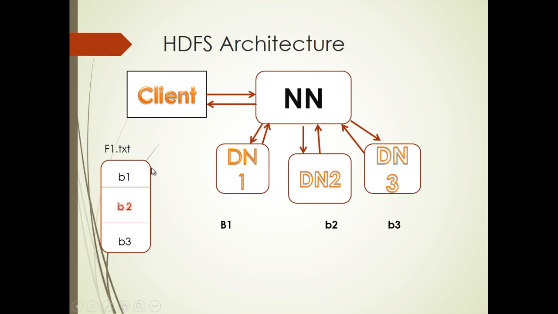Now the moment has come: this file will be divided into blocks and each block will go to a different machine. Wherever a block is stored, that particular machine's information will be passed to the name node. So the name node contains only the metadata. Since it is a master, it should contain only the metadata.